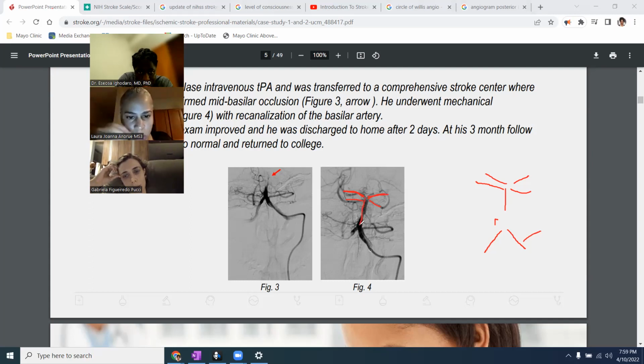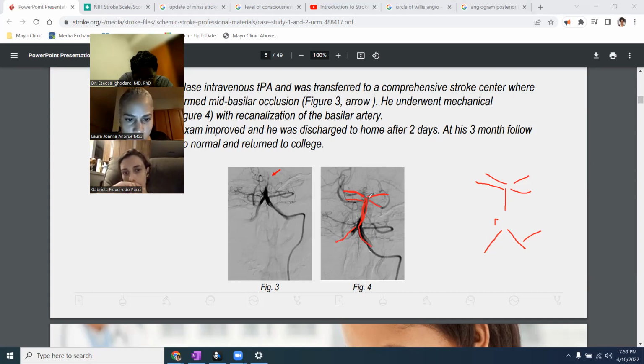And superior and superior, they're close. So posterior cerebral artery, and then superior cerebellar artery. Then we have the basilar artery. Then we have the vertebral artery.